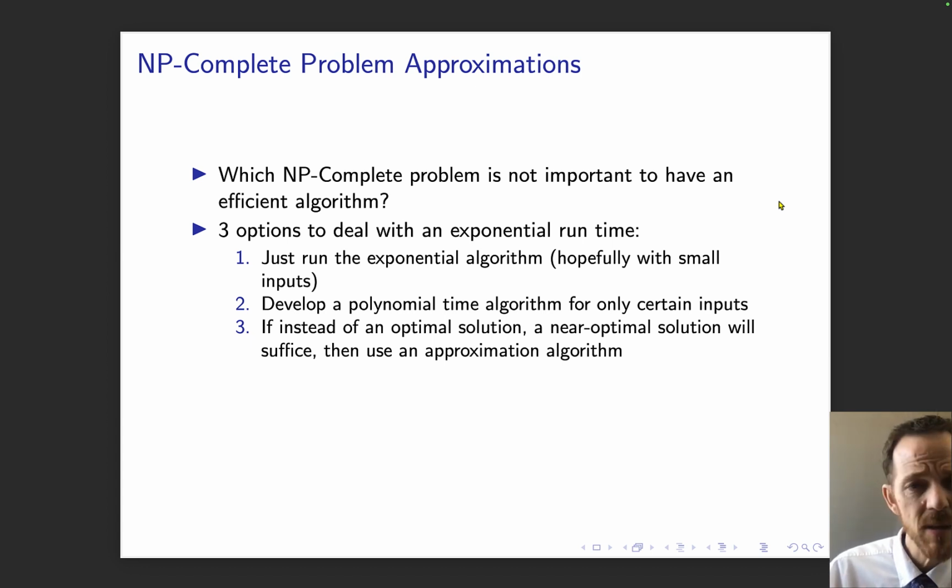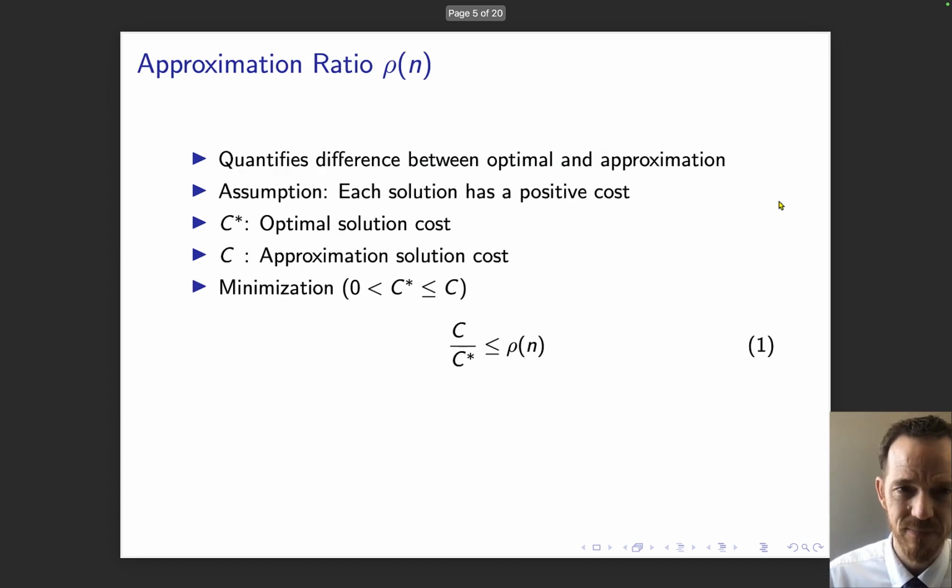Can you develop a polynomial time algorithm for your special situation, your niche circumstances? Maybe. If neither of those first two are practical solutions, then the third option is to instead implement a near optimal solution using an approximation algorithm. Let's talk more about that last one.